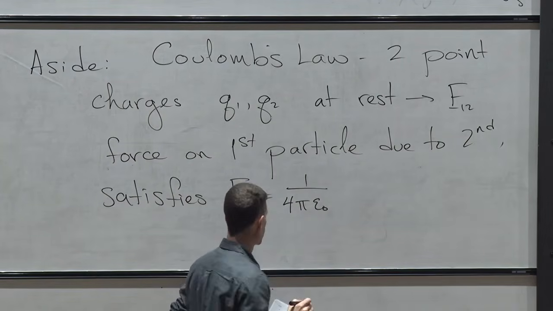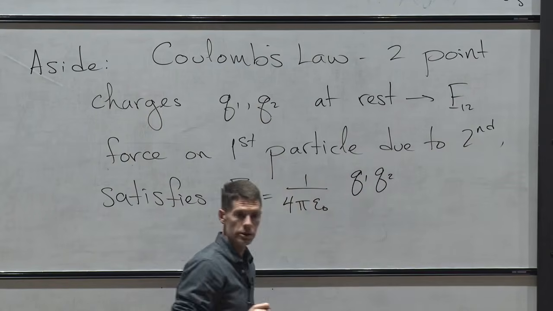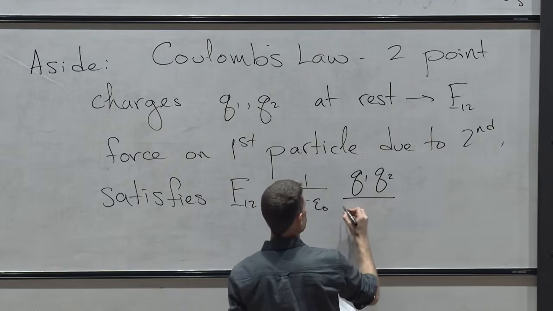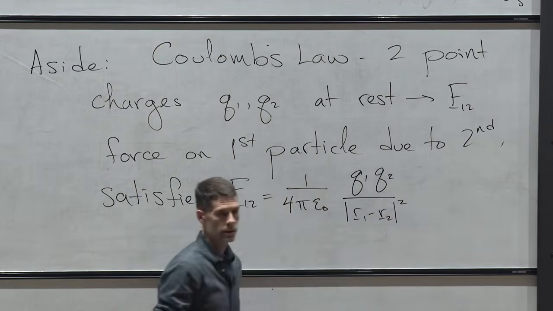I'll define that epsilon naught in a moment. Then the product of the charges, Q1 times Q2, divided by the distance between them. So again, we need the r squared, the distance squared.